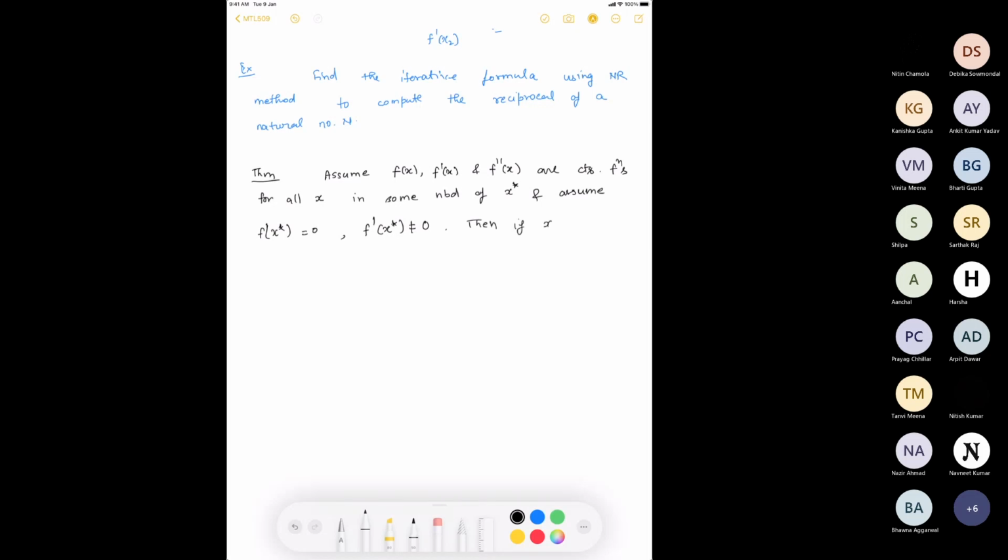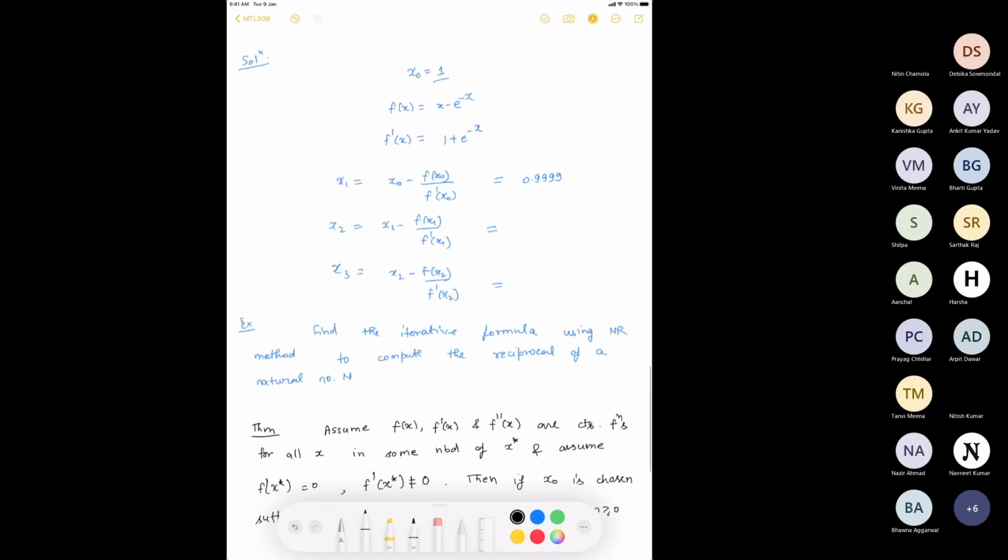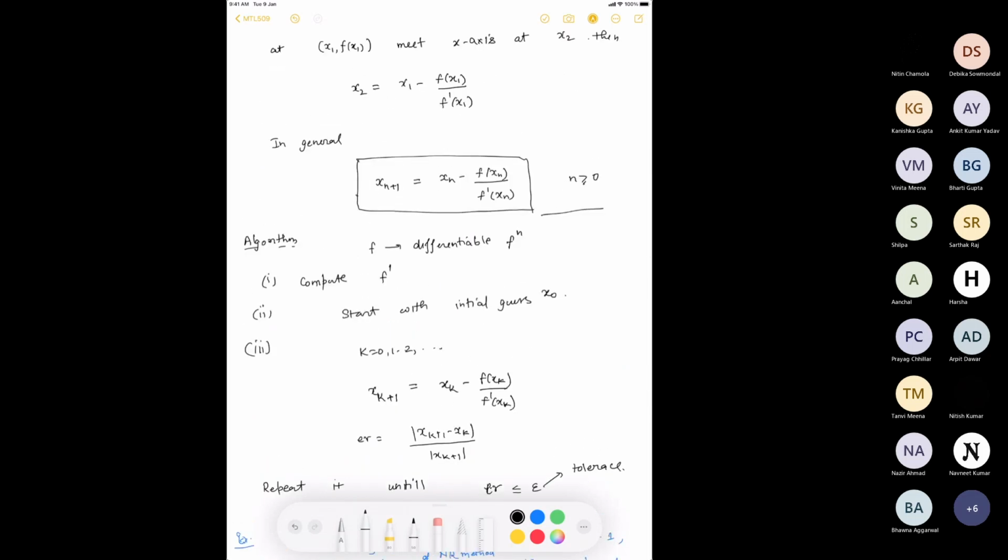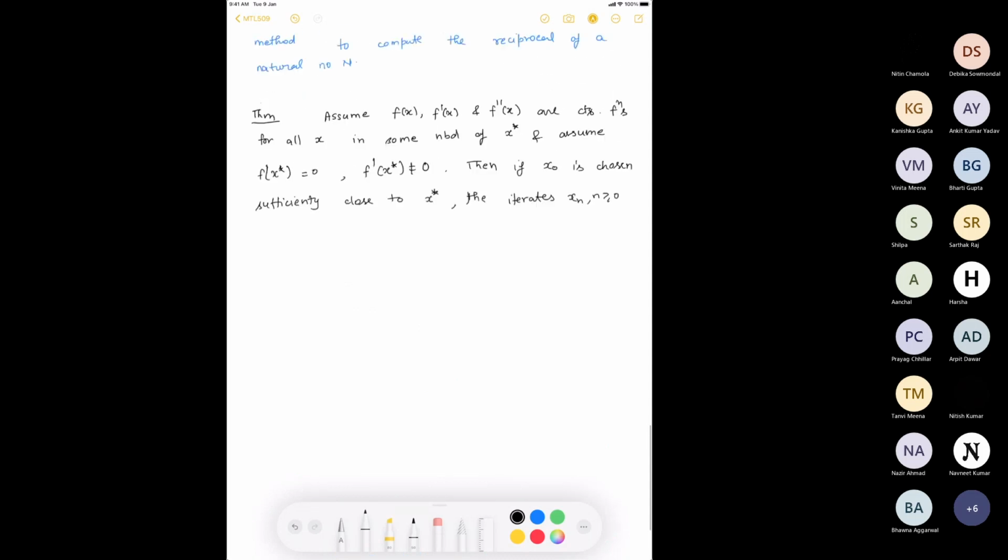Then, if my initial guess is chosen sufficiently close to x star, then this sequence of iterates, which we call x_n, let's give it equation number 1, will converge to the actual root.